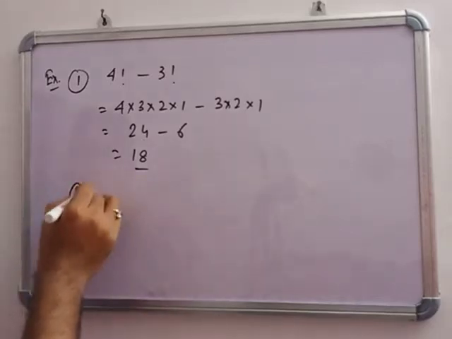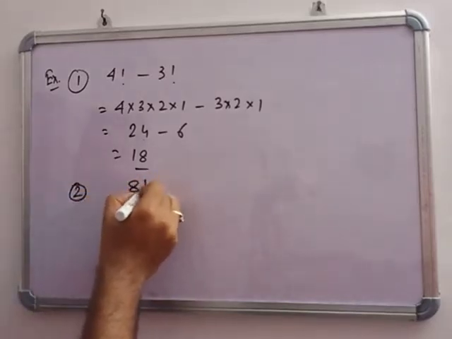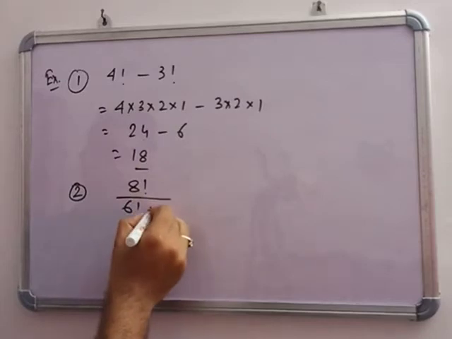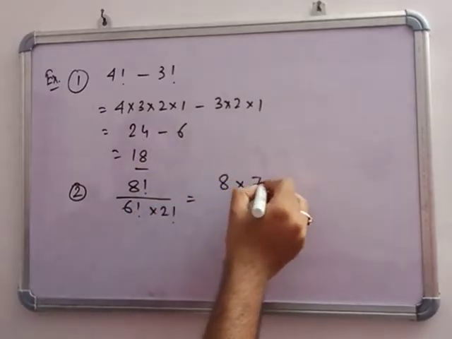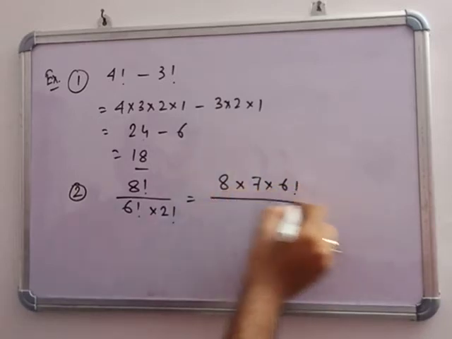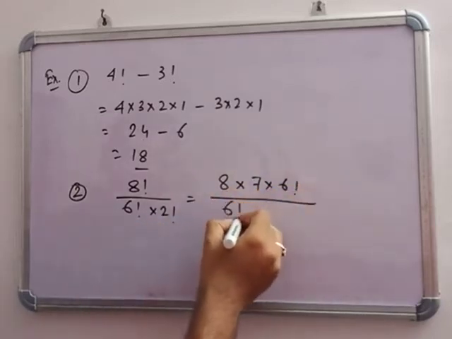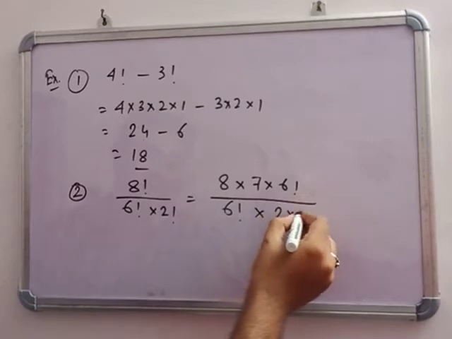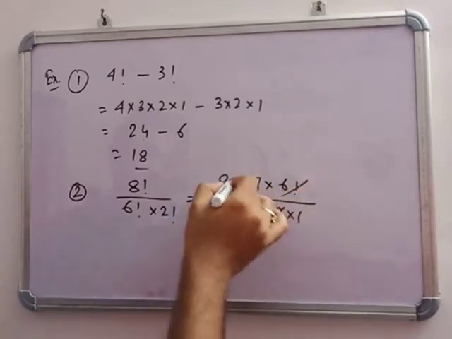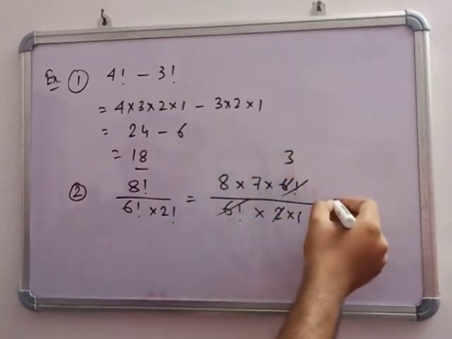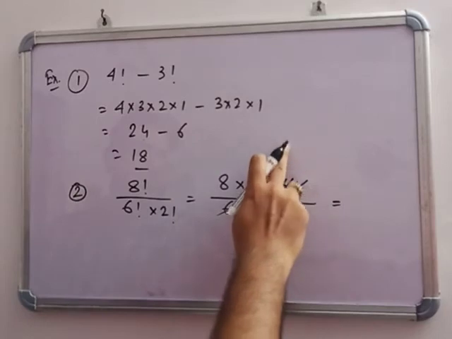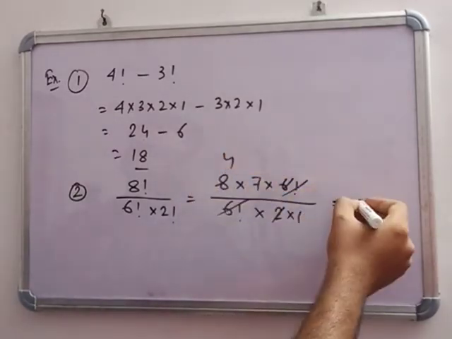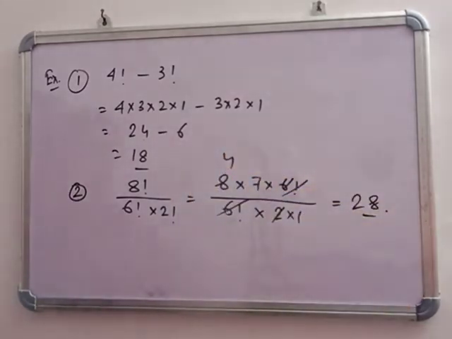Next one, number 2: 8 factorial by 6 factorial into 2 factorial. 8 factorial is 8 into 7 into 6 factorial, and since 6 factorial is in the denominator, 6 factorial will be cancelled. So 8 into 7 by 2, which is 28.